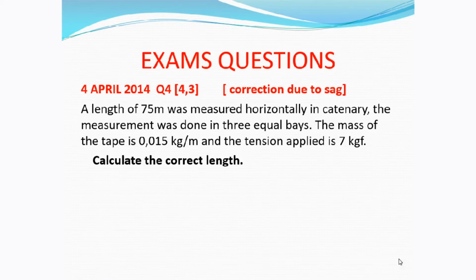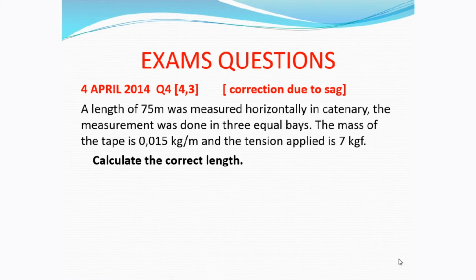If you are looking at this question, you can see that you are given the length, which is 75 meters. You were also given the number of bays, that the measurement was done in 3 equal bays, and you were also given the mass of the tape, which is 0.015 kg per meter, and also the tension applied, which is 7 kilogram force.